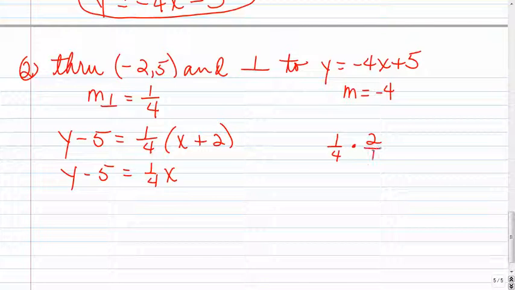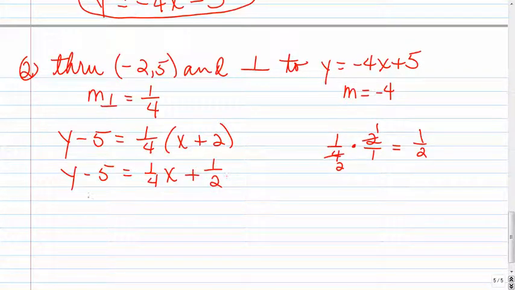And you could write that as 2 over 1. Remember, when you multiply fractions, you multiply numerators together and denominators together. But we could simplify first, because 2 goes into 2 once, into 4 2 times. So now if I multiply, I get 1/2. So 1/4 times 2 is plus 1/2.